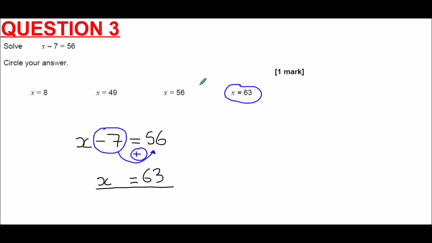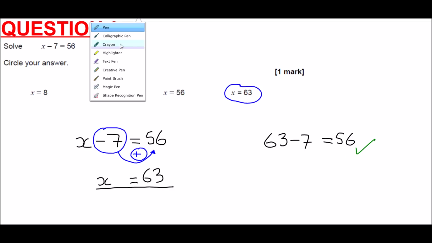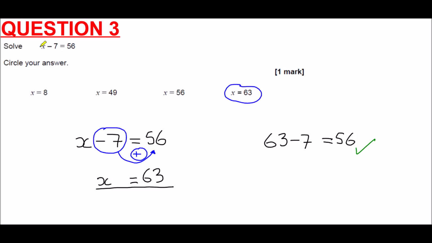The only number that would work for x is 63, because 63 take away 7 equals 56. And so what you could do is just substitute in different values into this equation and see which one works. And the only one that works is when x is worth 63. So that's, again, another way why we'd be circling x equals 63.